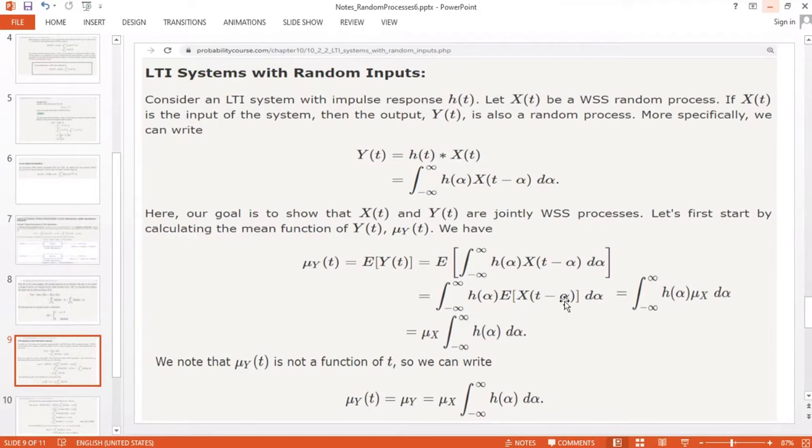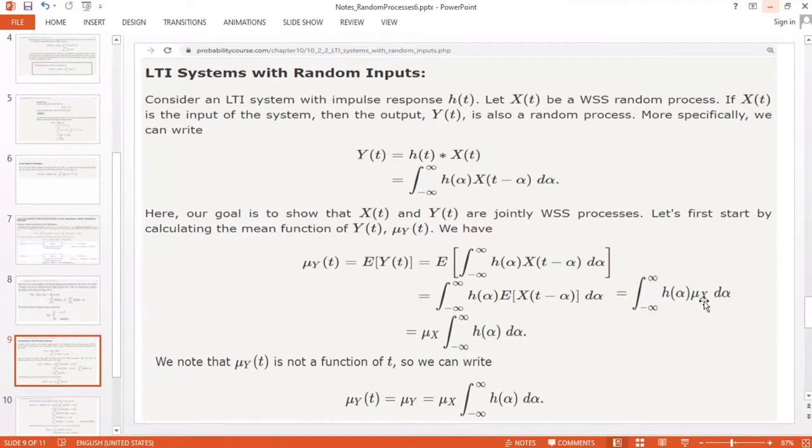So the mean function of x(t) is constant for any t, in particular for t minus alpha also. So the expectation of x(t minus alpha) becomes the mean function mu x, because it is independent of time, as x(t) is a wide sense stationary process.